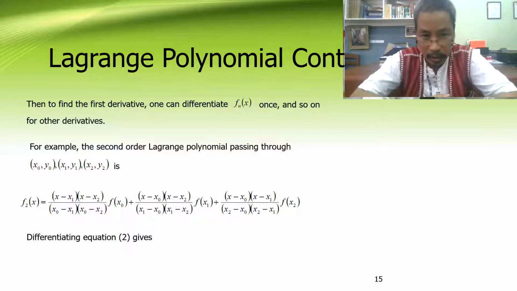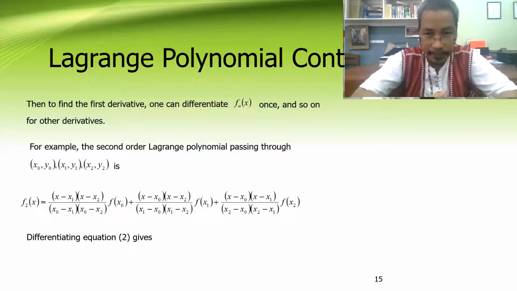For example, the second order Lagrange polynomial passing through x0, y0 coordinate, x1, y1 coordinate, x2, y2 coordinate is: if we have only these 3 coordinates, we have f sub 2 of x equal to the rational function quantity x minus x1 multiplied by x minus x2 multiplied by f of x0, divided by quantity x0 minus x1 times quantity x0 minus x2.